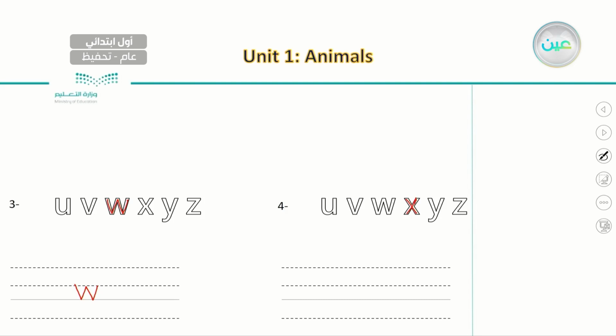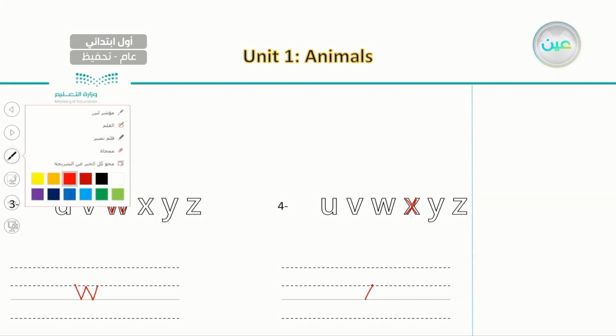We trace it, maybe we color it a bit, and after we finish tracing, we go on the line and write it. This is how we write letter X.